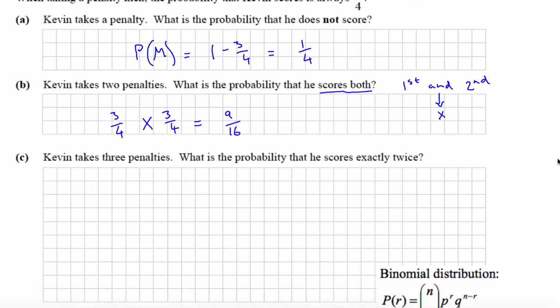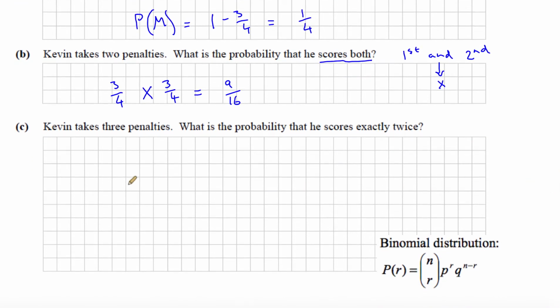Part C, Kevin takes 3 penalties. What is the probability that he scores exactly twice? Now, if Kevin takes 3 penalties and he scores exactly twice, that could be score, score, miss, or score, miss, score, or miss, score, score.